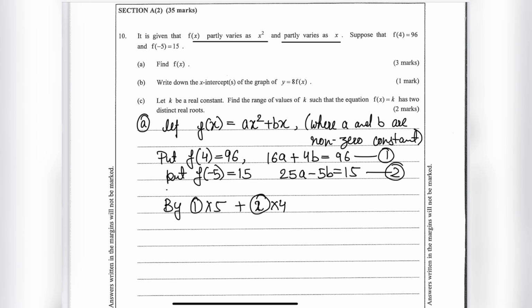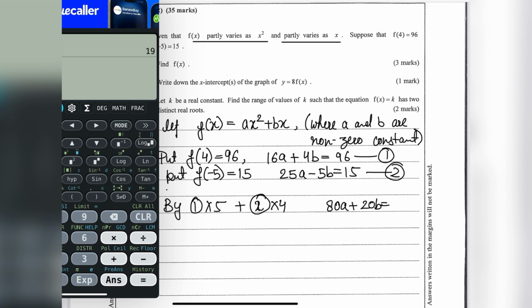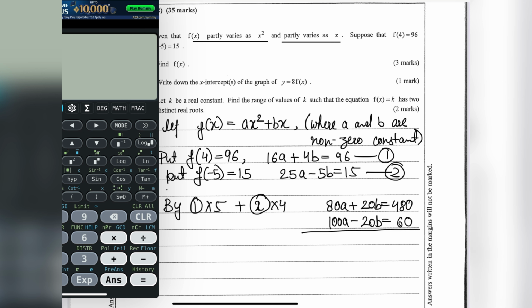So if we multiply equation 1 by 5, 16 times 5 is 80a plus 20b equals 96 times 5, which is 480. And the next equation we have to multiply by 4, so it's 100a, and 4 times 5 is 20b, 15 times 4 is 60. Let's add it.